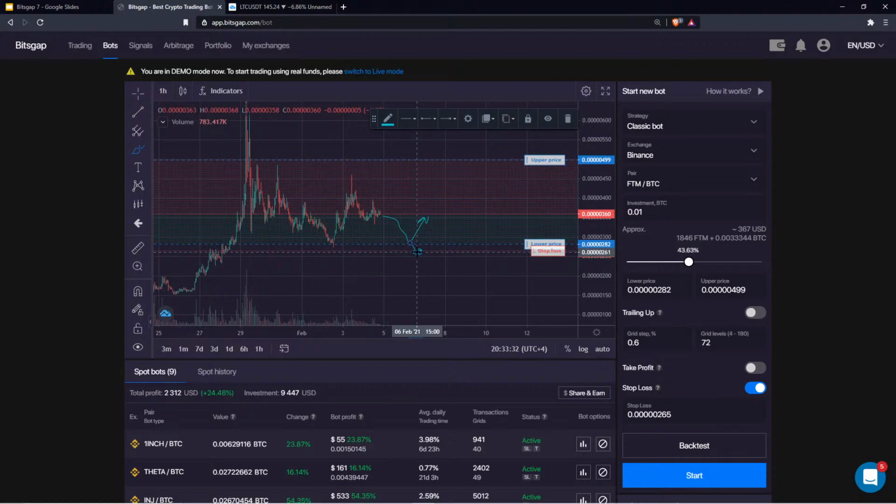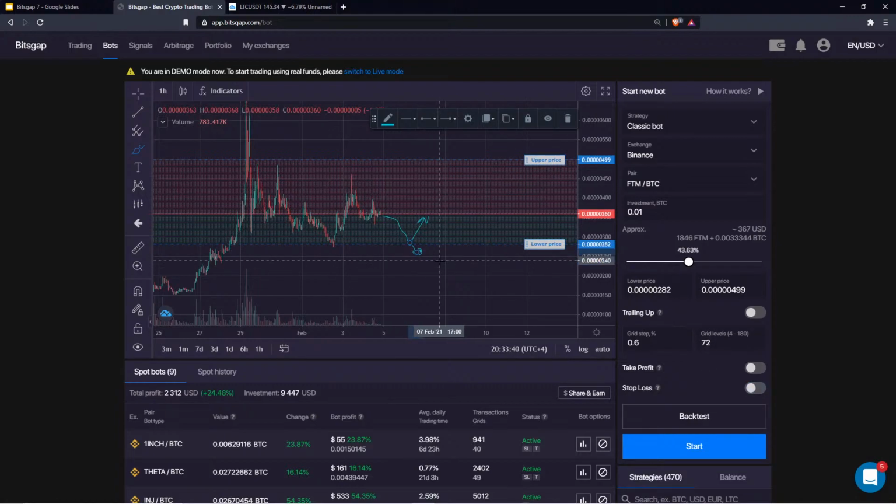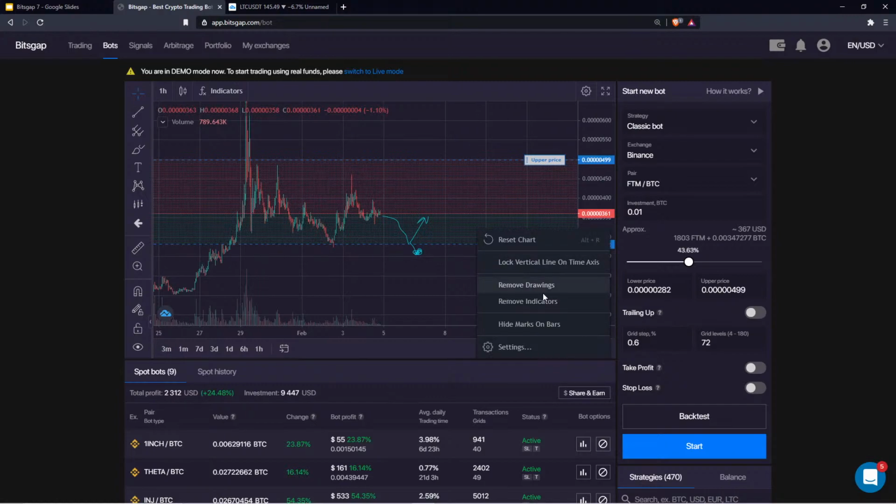So that's the maximum that we will lose. Because if you don't set the stop loss, then you risk even bigger losses, because the price can fall even further. All right, so that's the basic risk management principle here. Make sure that you use the stop loss all the time.